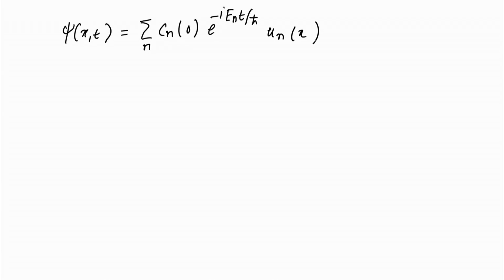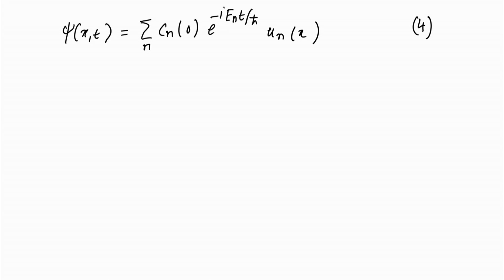Please note that in this equation 4, C n 0 is arbitrary and cannot be determined unless the wave function psi is known at time t equal to 0.